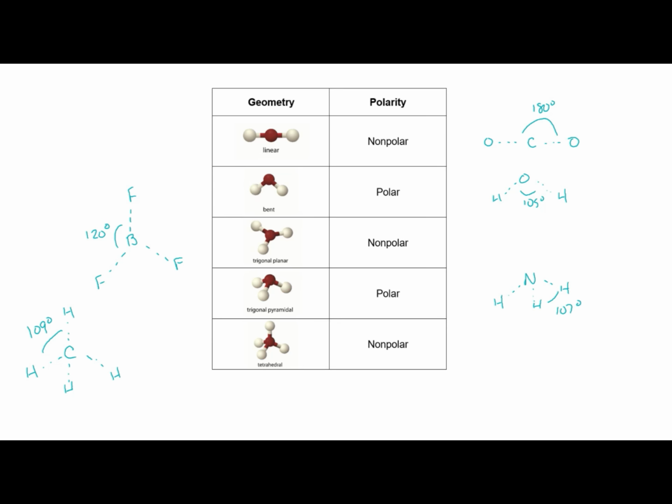I do want to reiterate again that this table is a simplification. We only dealt with molecules that were symmetrical. However, it is still helpful to determine if a molecule is polar or nonpolar. One of the main advantages of determining if a molecule is polar or nonpolar is because of the rule like dissolves like.